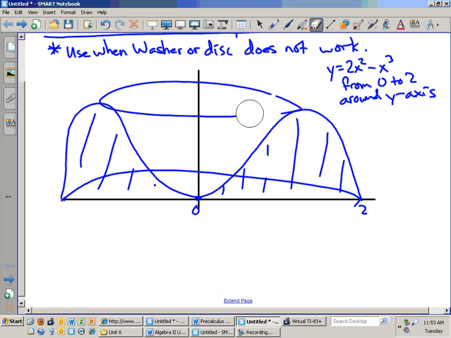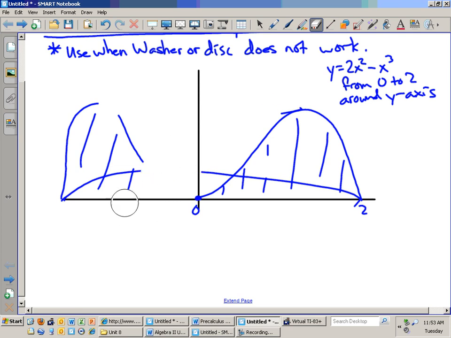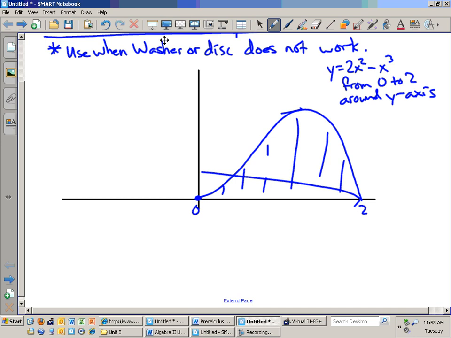And here's why. If you simply look at this portion, you can tell what's going to happen. If we were to slice it, we would get that shape, and we would slice it horizontally.